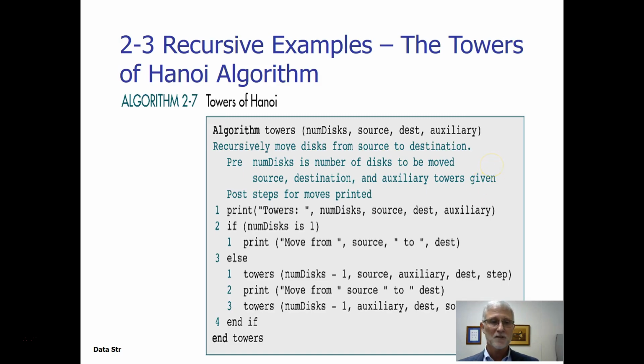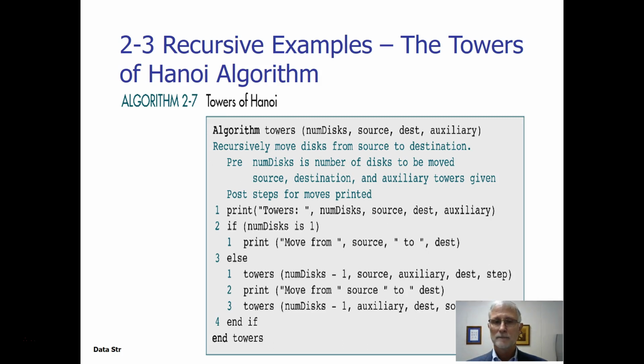Well, this algorithm suits itself very well for a recursive algorithm. So you're going to recursively move disks from source to destination. The number of disks is the number of disks to be moved. And then the source and destination auxiliary towers are given.